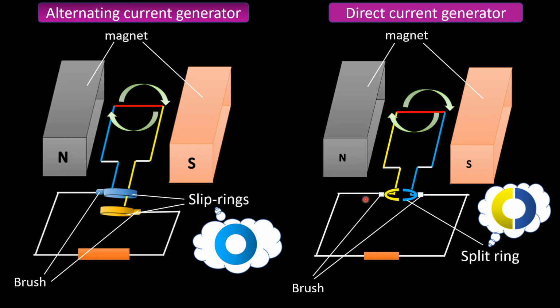Why is there a difference between AC, which uses two slip rings, while DC uses split rings? Later on, I will explain how the AC generator generates AC current, and also how the DC generator generates DC current. Okay.